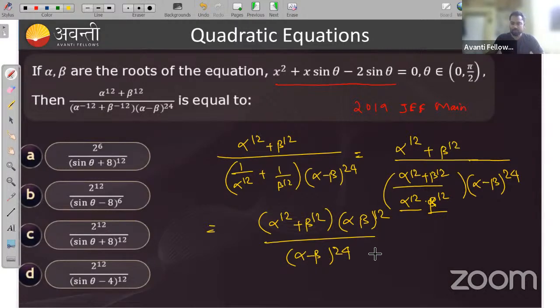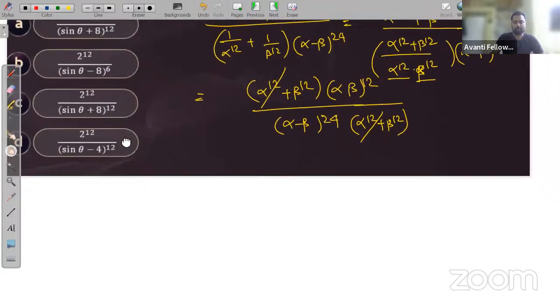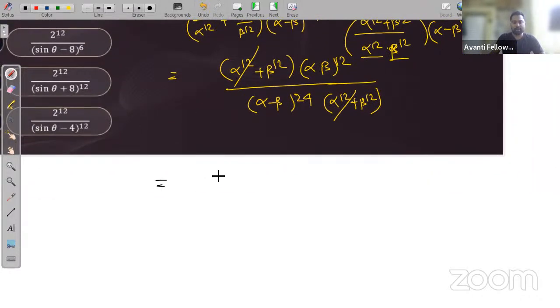Also, we are having in the denominator alpha to the power 12 plus beta to the power 12, so this term will be cancelled out. Yes or no? After simplifying, we are having only alpha beta to the power 12 upon alpha minus beta to the power 24.